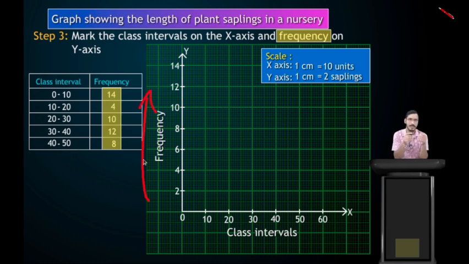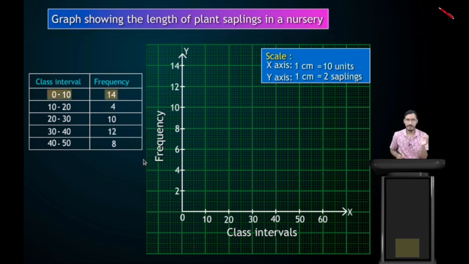The vertical line is our frequency, and the horizontal line is our class intervals.